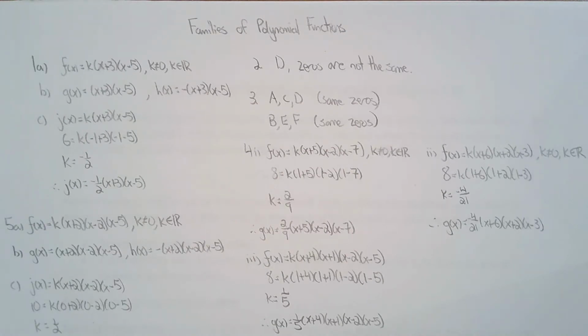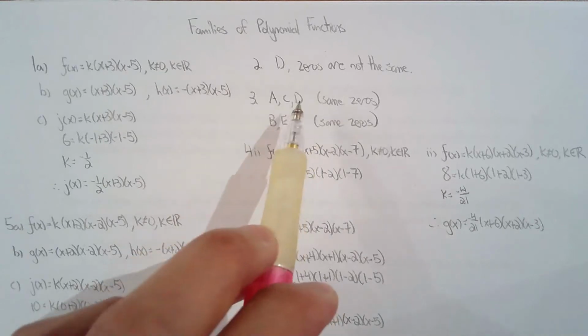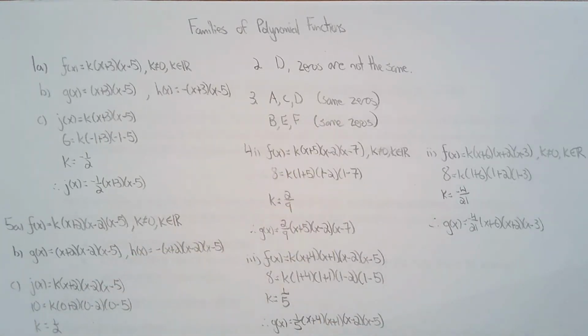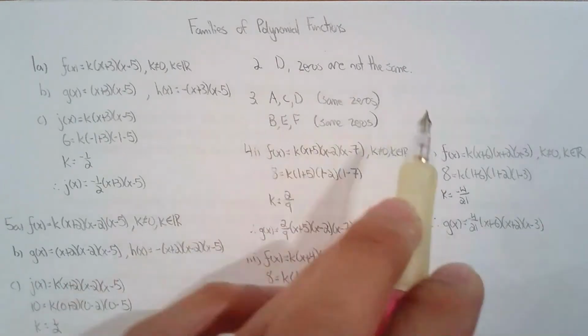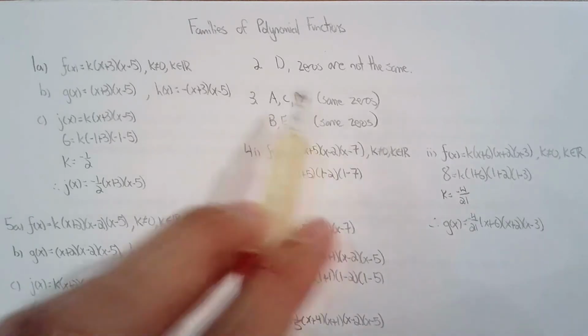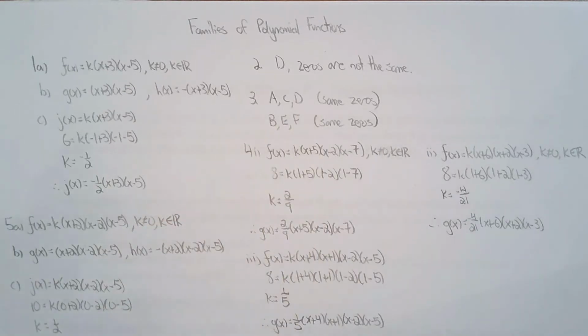For question 3, you'll see that A, C, and D are part of one family, and B and F are part of another family. It's because A, C, and D have the same zeros, and B and F have the same zeros. So it's just testing you on your understanding of what it means to be part of a family of polynomial functions.